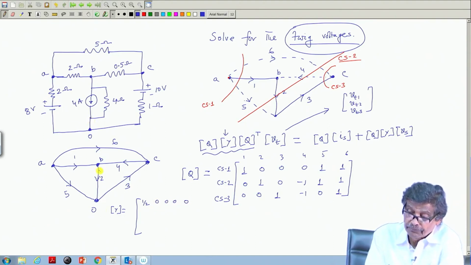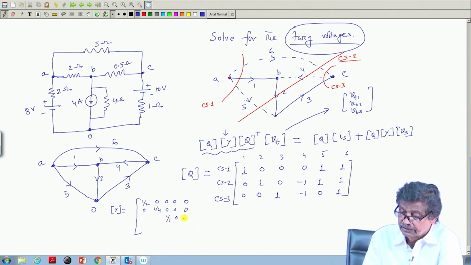Element 2, I have called this one as element 2. So, 1 by 4, 0, 1 by 4, 0, 0, 0. Element 3, this one I have called element 3. So, this is 1 by 1, others are 0, and element 4 is this one 1 by 0.5, and other entries are 0.